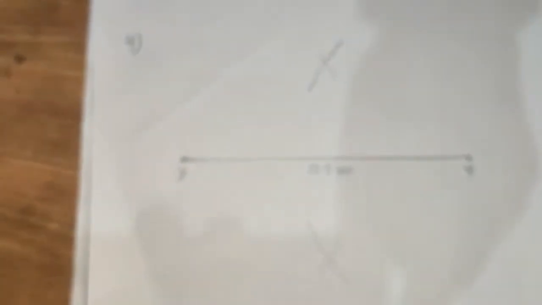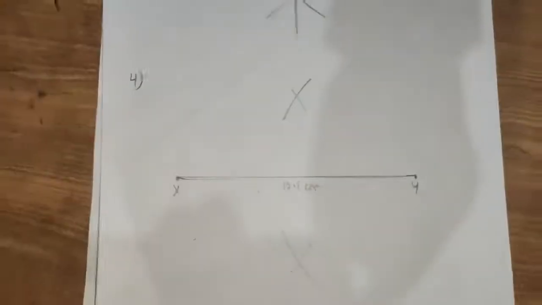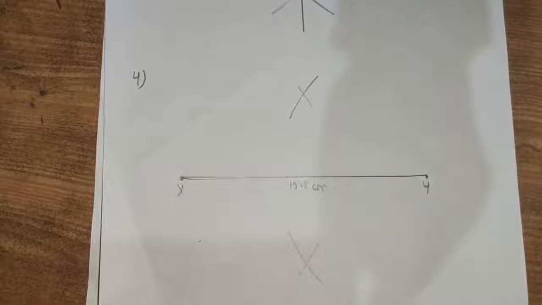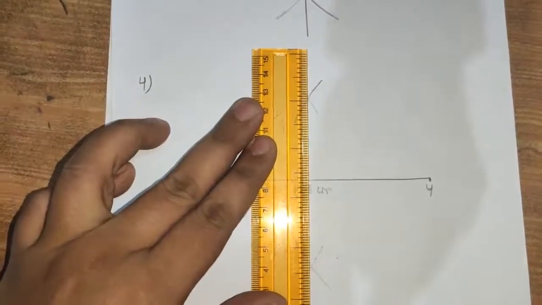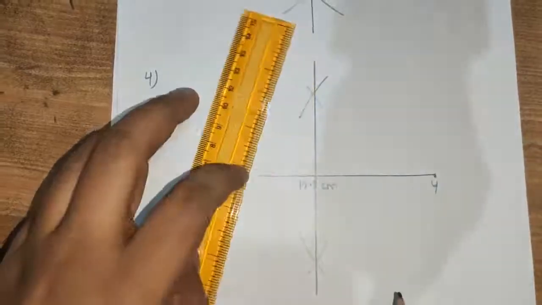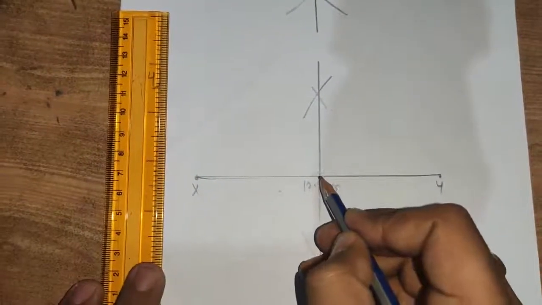This is the perpendicular bisector of the line. Now we will join these points. Now this XY is divided into 2 parts.